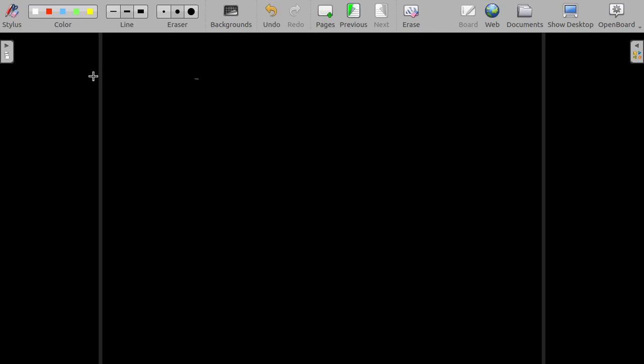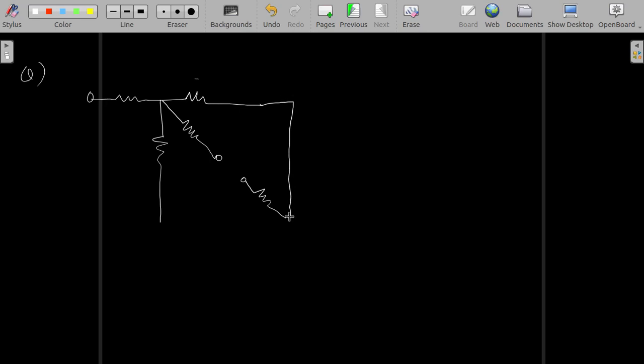Okay, now let us see some simple network resistance problems. So, question: these small dots are just to show that they are terminals, they do not have any other meaning, do not get confused with that.